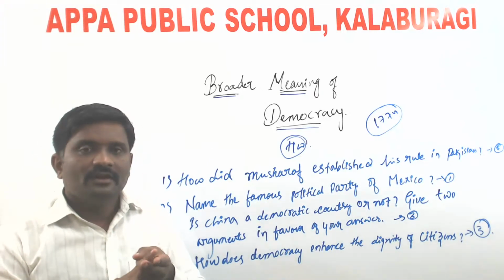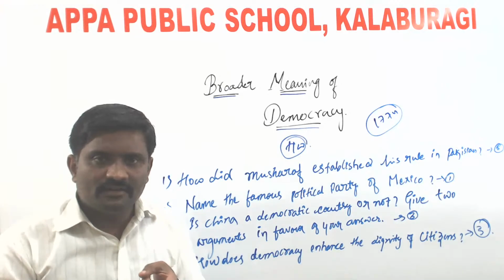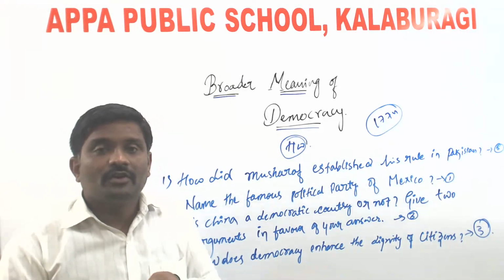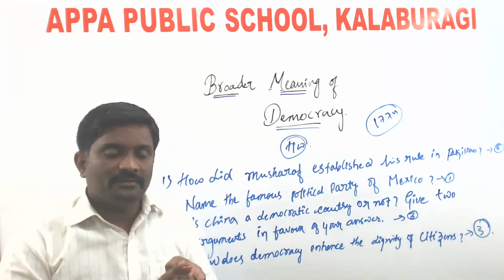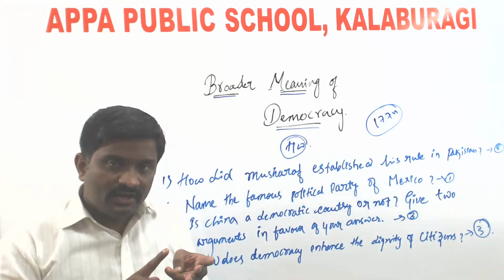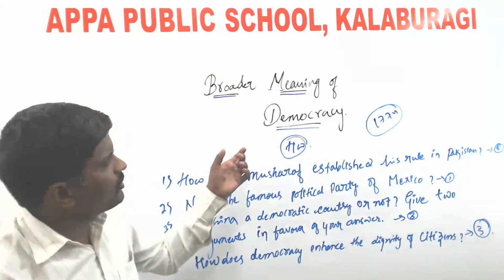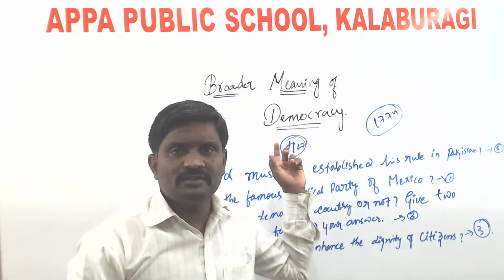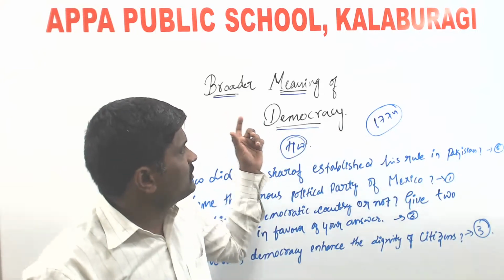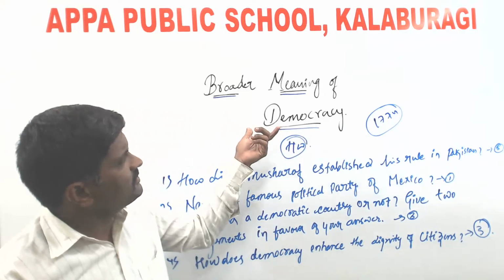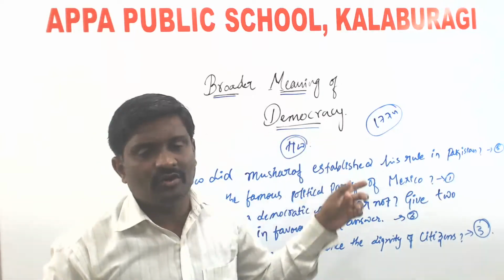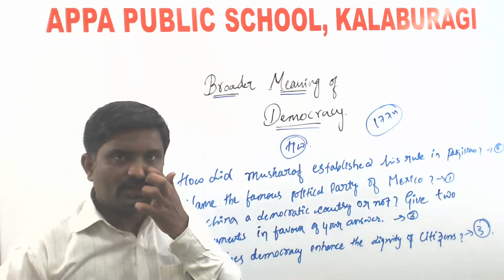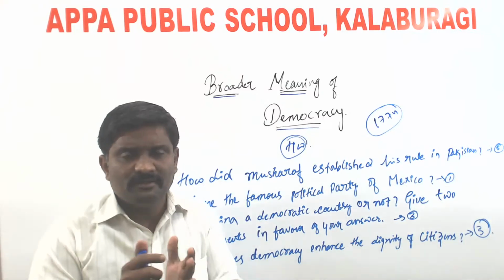Describe the key features of democracy, mention arguments against or for democracy, or explain the broader meaning of democracy in your words. We may ask the question in this way.